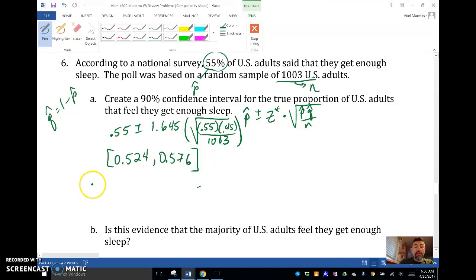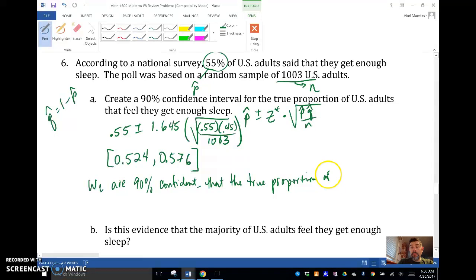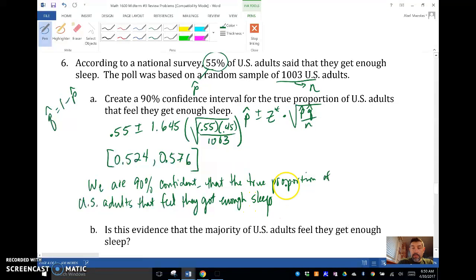And then we're going to write our conclusion in context, right? Interpret this. We are 90% confident that the true proportion of U.S. adults that feel they got enough sleep is between 52.4% and 57.6%.